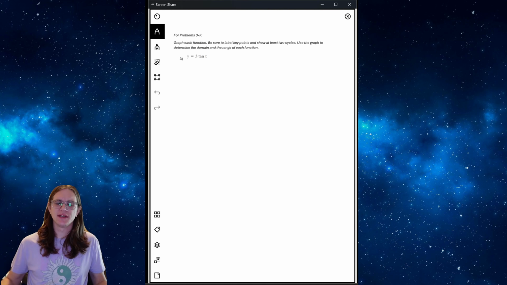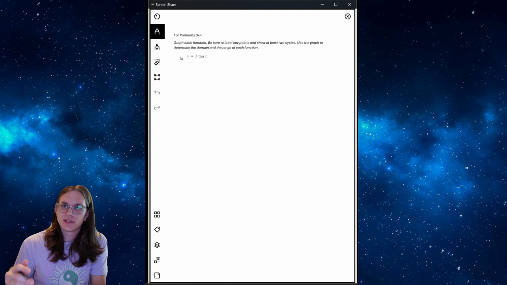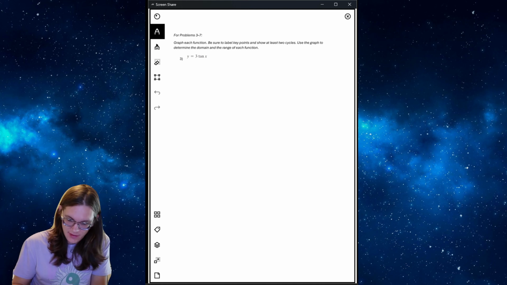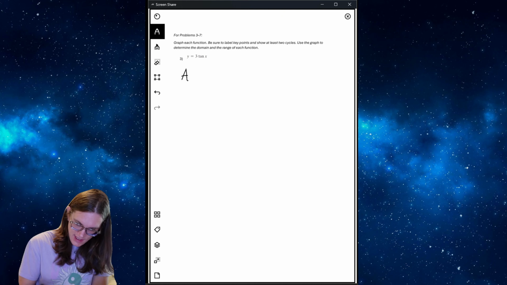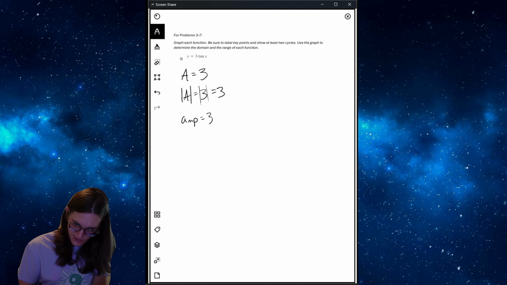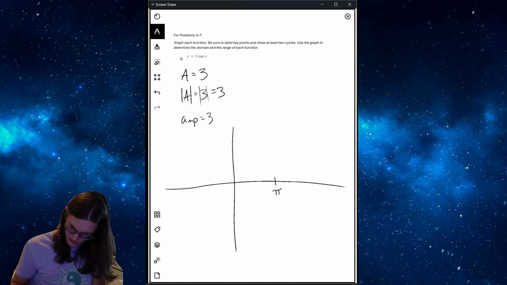So now we're back to what we did in the previous video, which is graph the function, but it's slightly manipulated in some way, like this a here is looking like 3. The absolute value of a is 3, so the amplitude is 3. So tangent of x, which crosses here, or comes out of this 0 to begin.